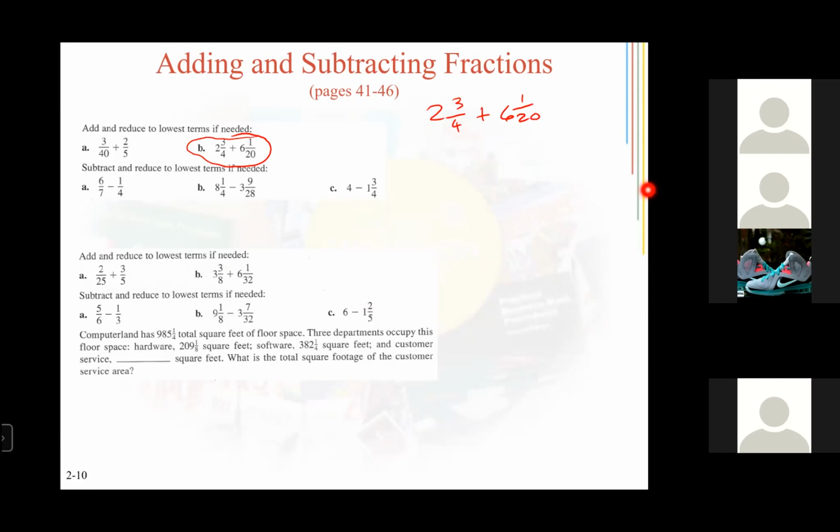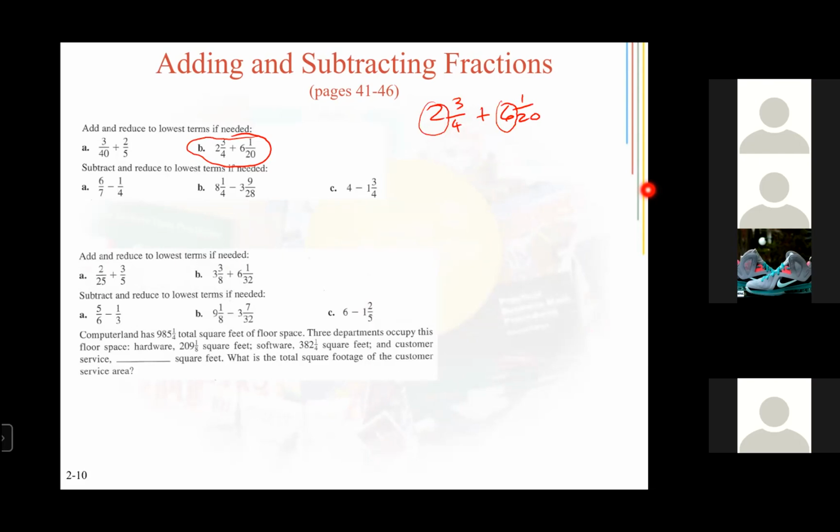Yeah. 2 times 4 plus 3. Or do we find the LCD? We have to find the lowest common denominator, but I am thinking you have a whole number here, you have another whole number here. You could deal with the whole numbers first.